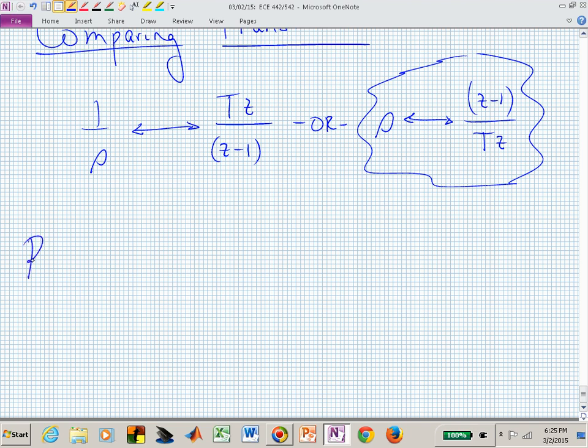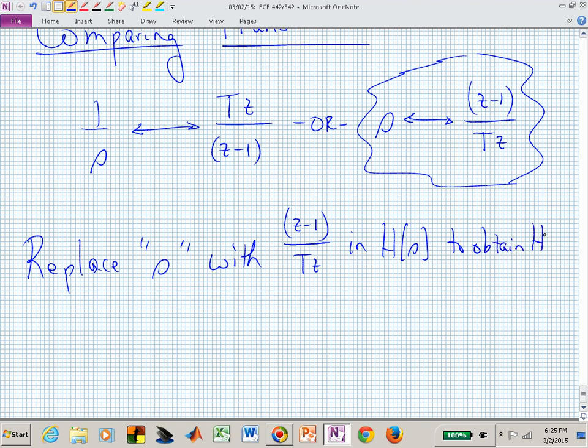We replace S with the quantity z minus 1 upstairs divided by capital T z in H of S in order to obtain H of z.